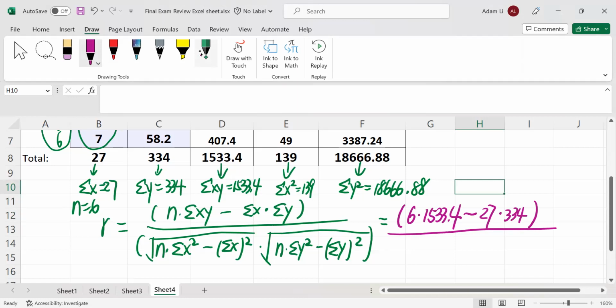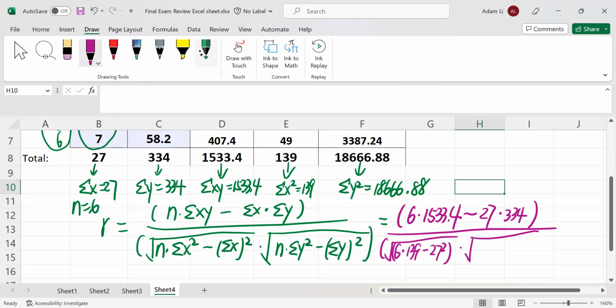That will go in the numerator. And the denominator, first parentheses, 6 times first square root, 6 times total x squared 139 minus total x 27, squared.